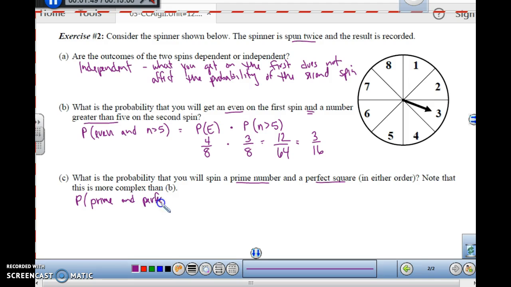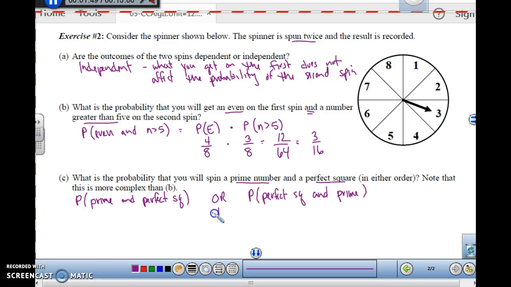So your first spin could be a prime, your second spin would be a perfect square. Well, couldn't you get a perfect square first? So, or you could get the probability of a perfect square and then get the prime. So there's actually two separate probabilities here, and they're connected with an or. So this is an and, and this is an and, and then we have an or. Well, what do we do with the probabilities?